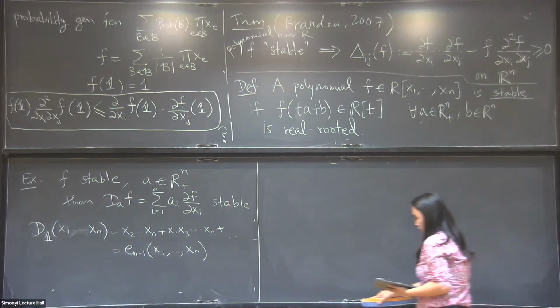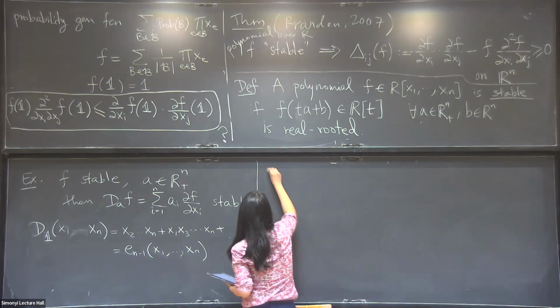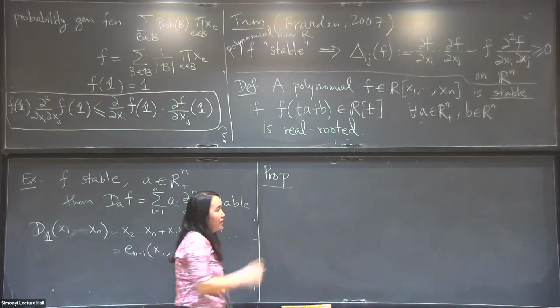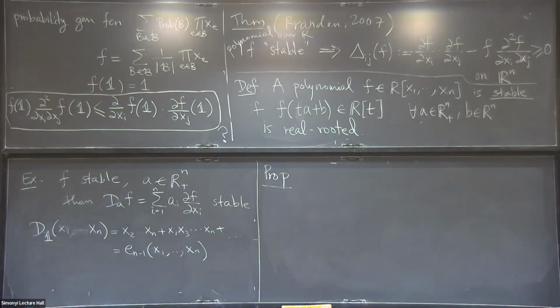Before that, people who have seen this know that one way to get the basis generating function is the matrix tree theorem. The matrix tree theorem comes from a determinant.